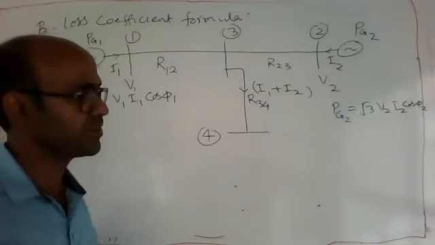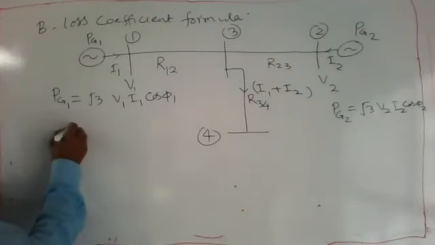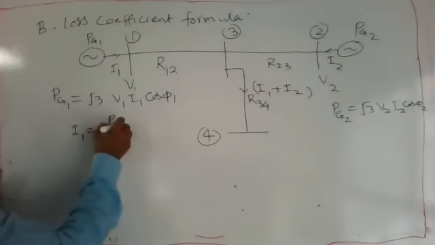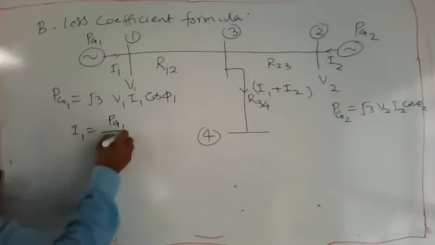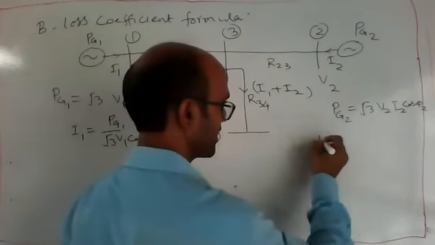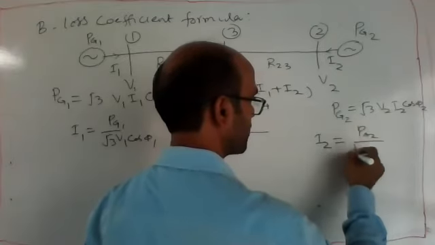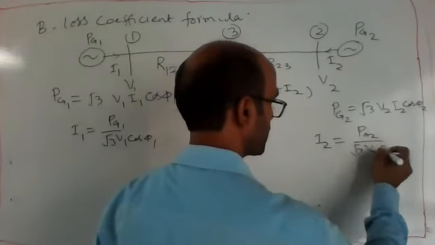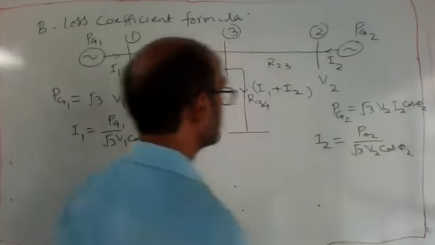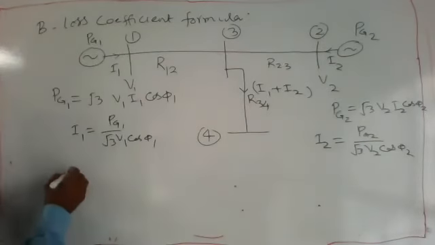So from here you can find the current I1 equals PG1 divided by root 3 V1 cos phi 1. Similarly, the current I2 equals PG2 divided by root 3 V2 cos phi 2. Okay. Now, what are the total losses? You can easily find the total loss PL.